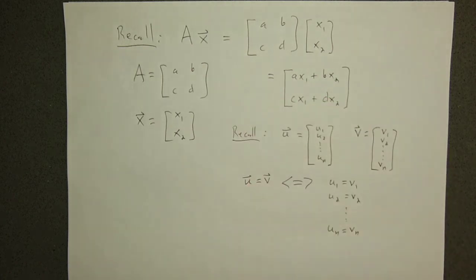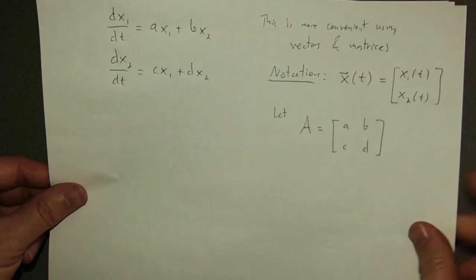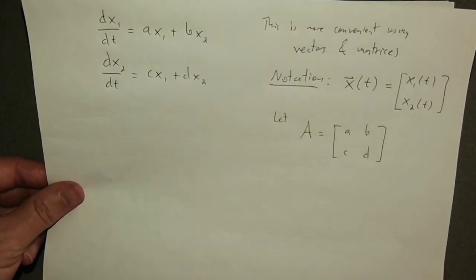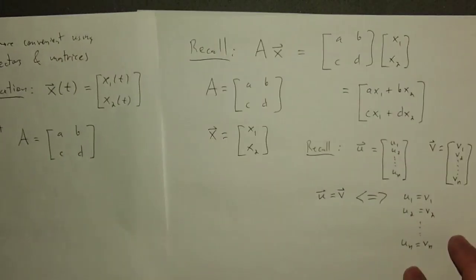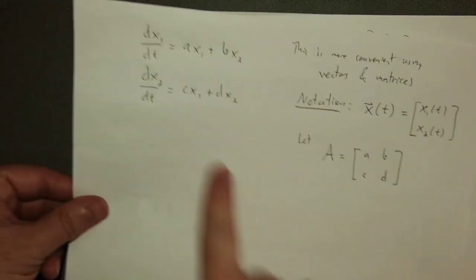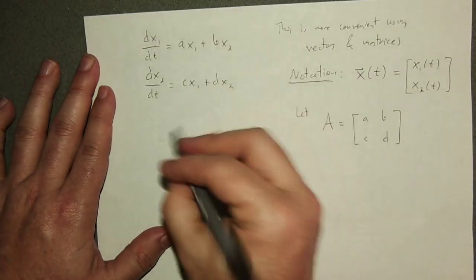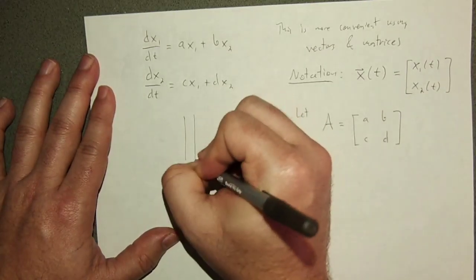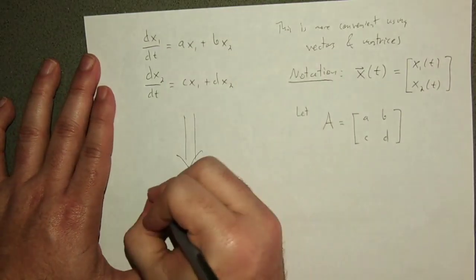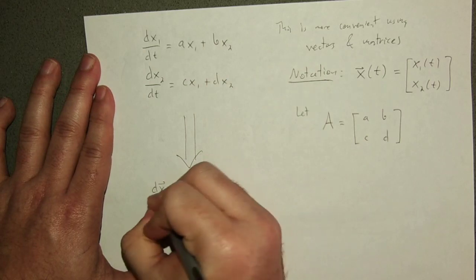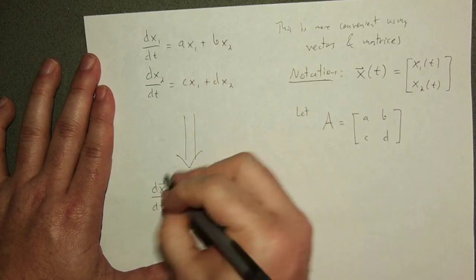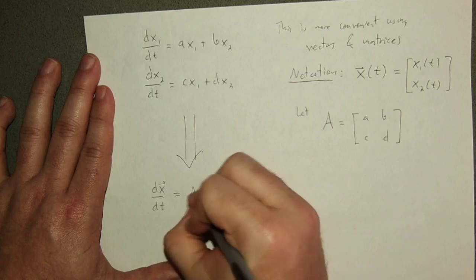Putting these things together, in light of this notation that I have introduced, I can actually rewrite this system of equations. So what does this become? This becomes the system of equations dx/dt is equal to A times x.